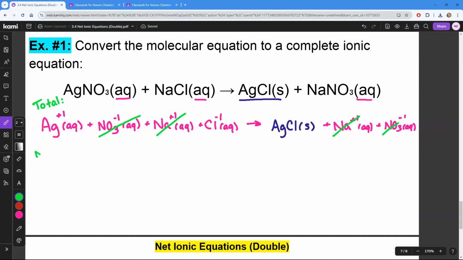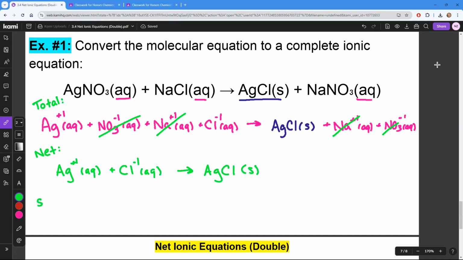Our net ionic equation is everything that's left over. So I have silver. I have chlorine. And that forms silver chloride, solid. Okay, so that's our net ionic equation.